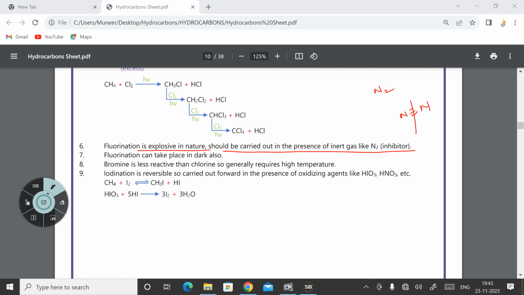Atoms are involved in bonding; molecules do not directly get involved in bonding. The molecule should first break down into nitrogen atoms, and only then do those atoms get involved in bonding. So nitrogen behaves like an inert gas.